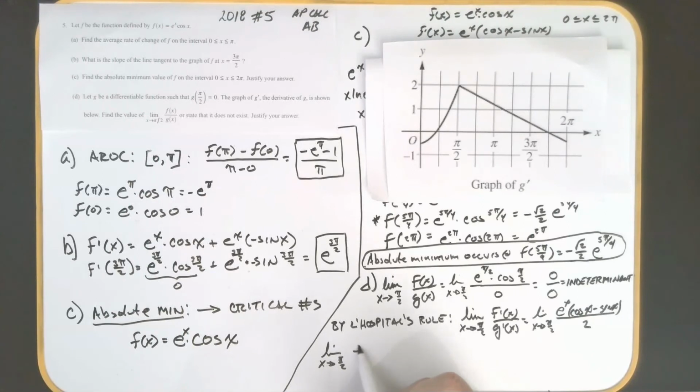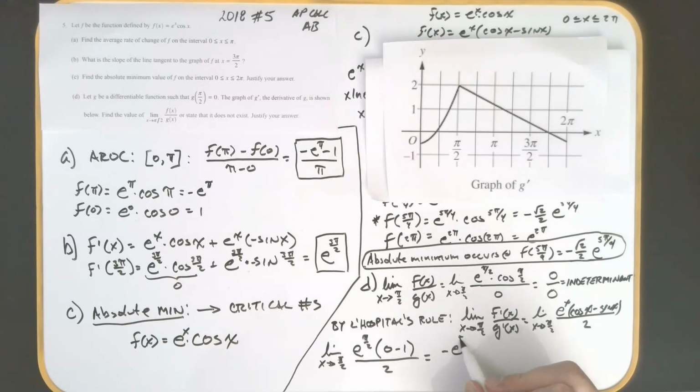So it looks like I get e to the pi over 2 times, all right, the cosine of pi over 2 is 0. The sine of pi over 2 is 1. So this is 0 minus 1 right there. And then my denominator is still 2. So my final answer is negative e to the pi over 2 over 2.